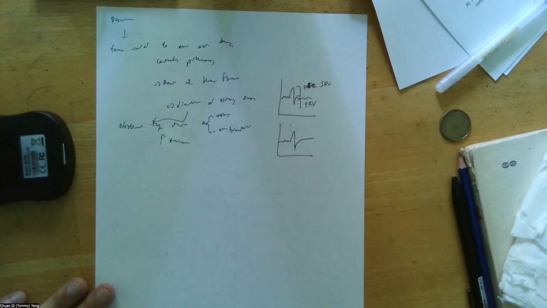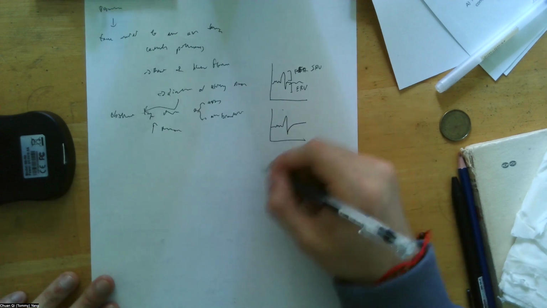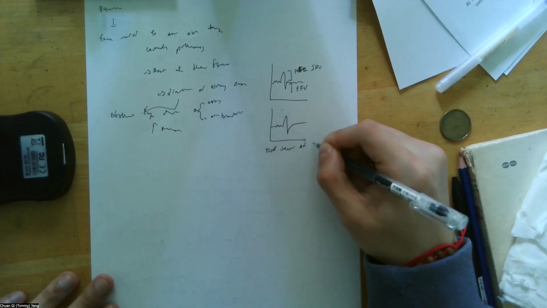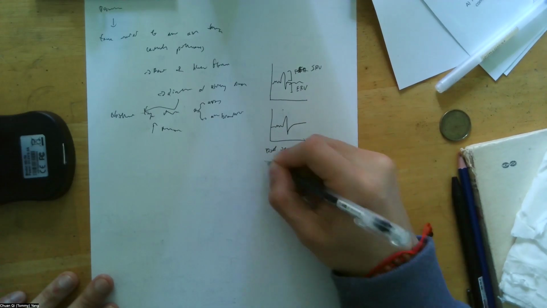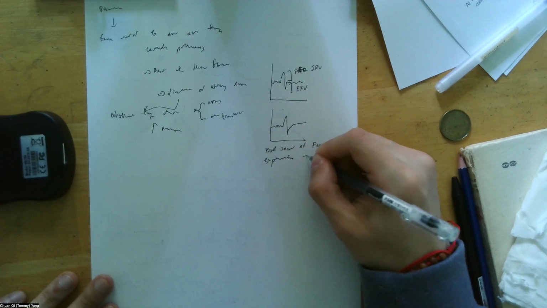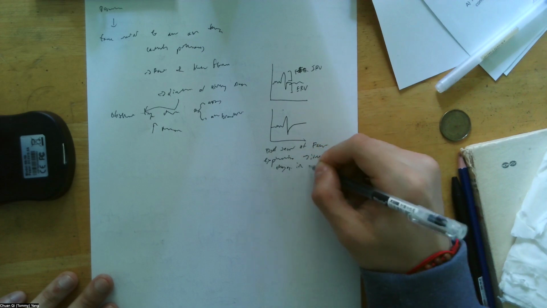It's going to take a longer time to get air in to catch up and fill the lungs. So the first second of forced expiration identifies changes in resistance.